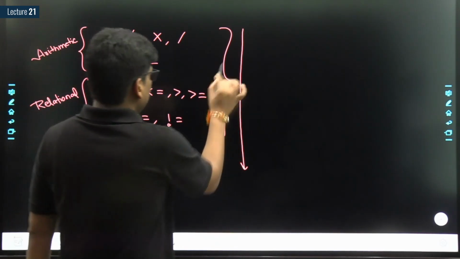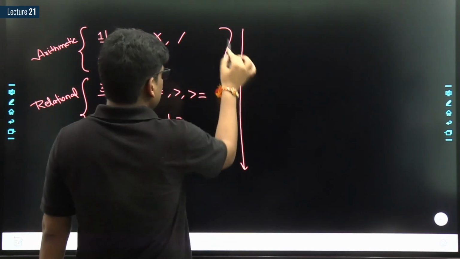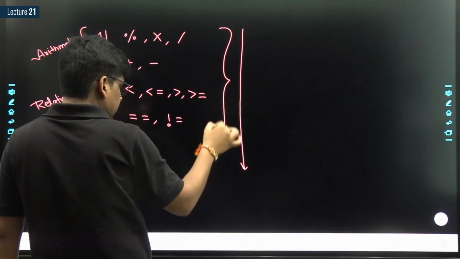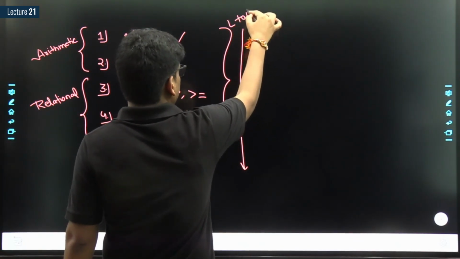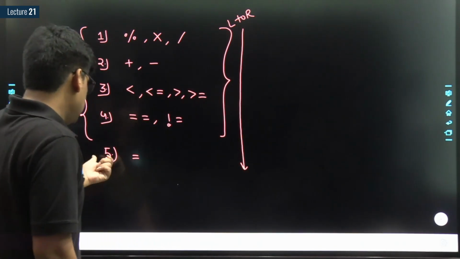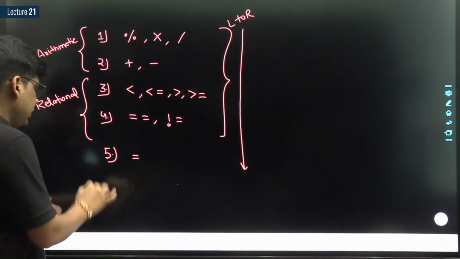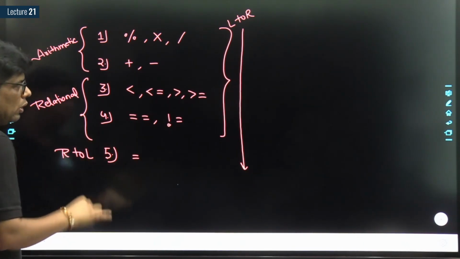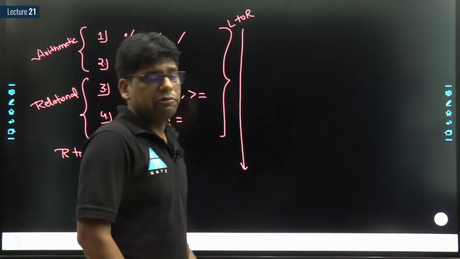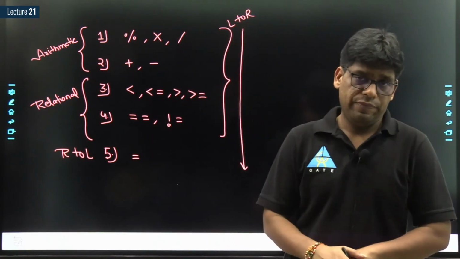Okay. But if I talk about the associativity, sir, all of them from 1 to 4, the associativity is from left to right, but the associativity of assignment statement is from right to left. So this is what we have discussed till now.